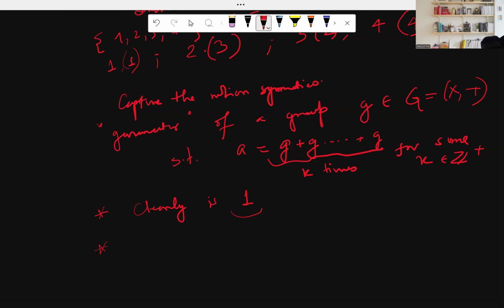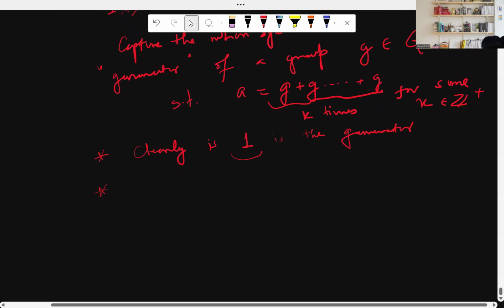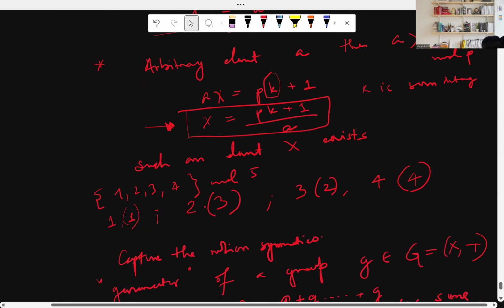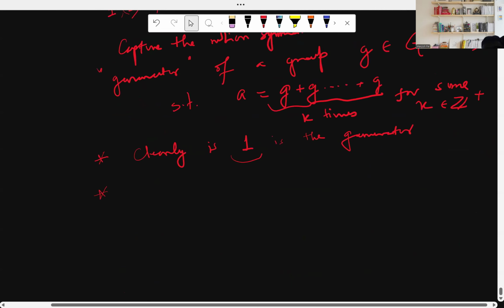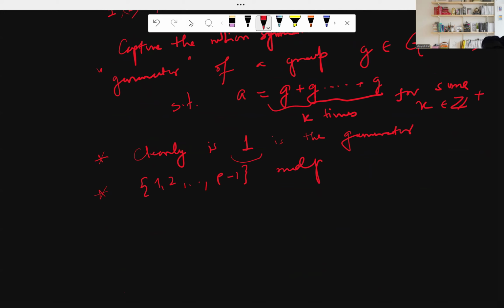In the second example, what is a generator? So we have this case, which is 1 to p minus 1, and we are doing modulo p.